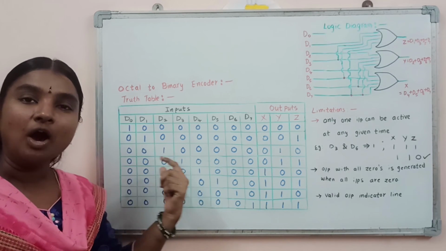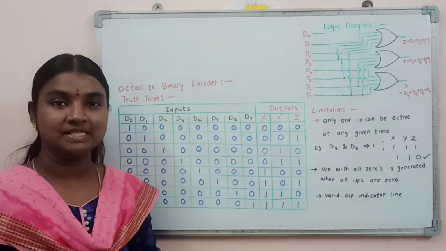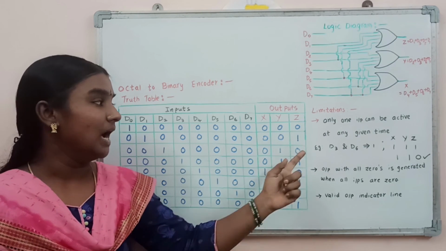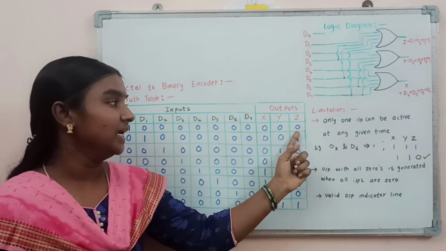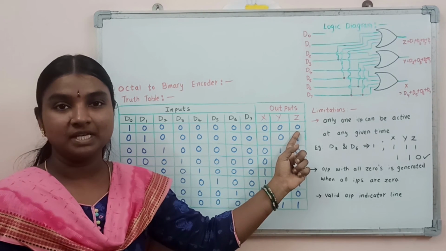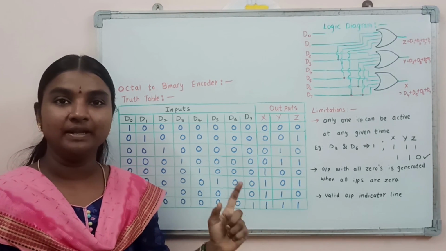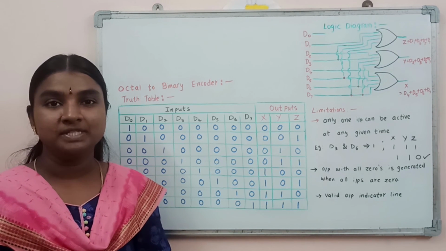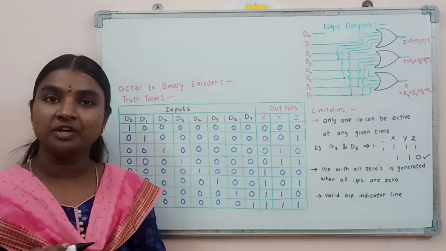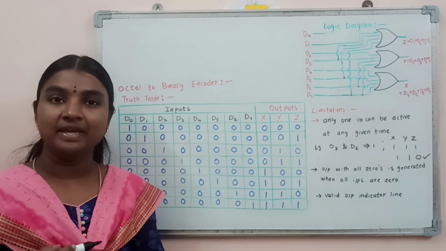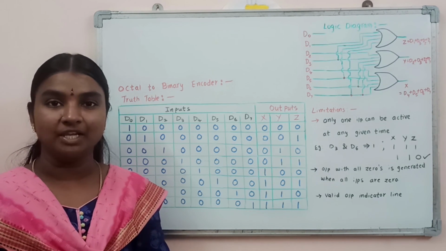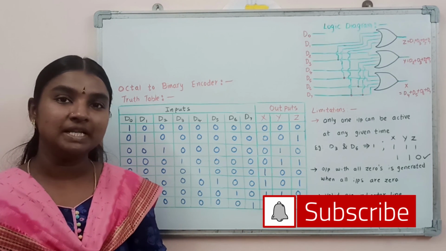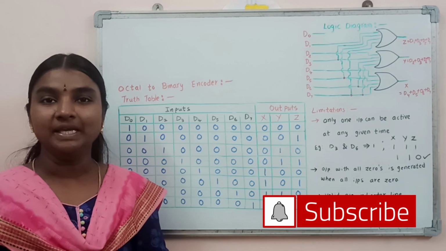And when all inputs are 0, the output also generates all output bits as 0. So when we apply D0 equal to 1, we generate three zeros at the output side, and when we apply no input value, the output side also generates three zeros.